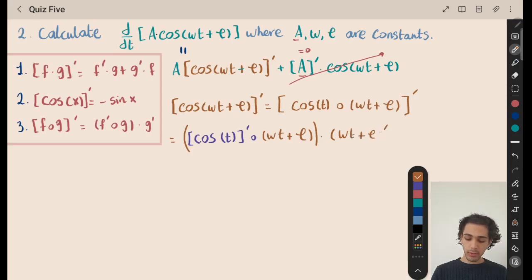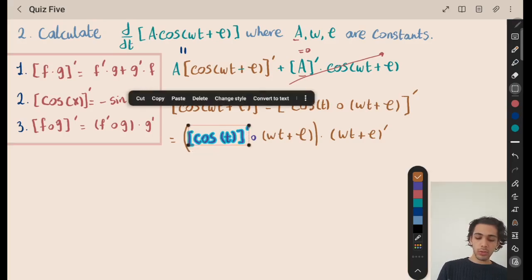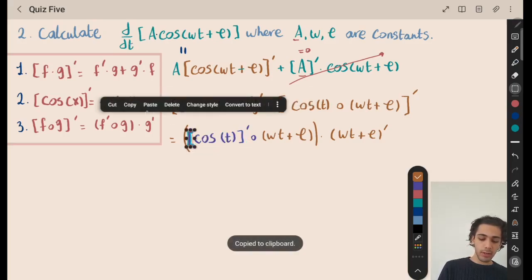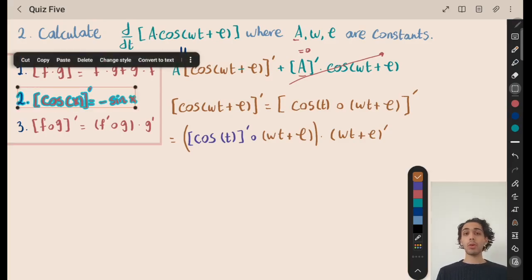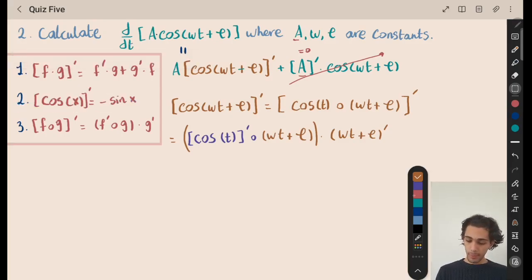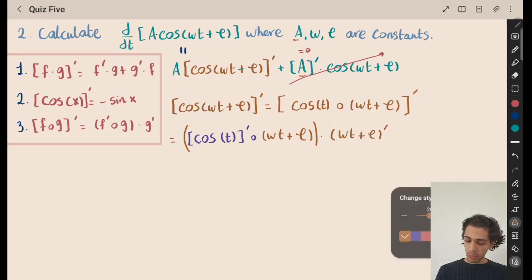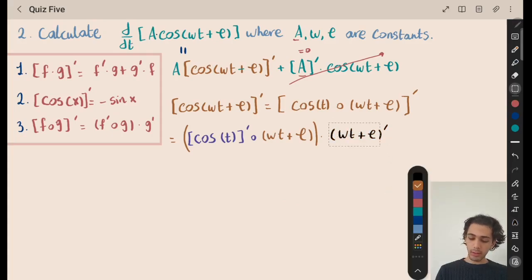It seems like we're making some progress. We don't need to compute the derivative of cosine, because it is given to us right here, but we do need to compute this derivative, because we have not computed it yet.